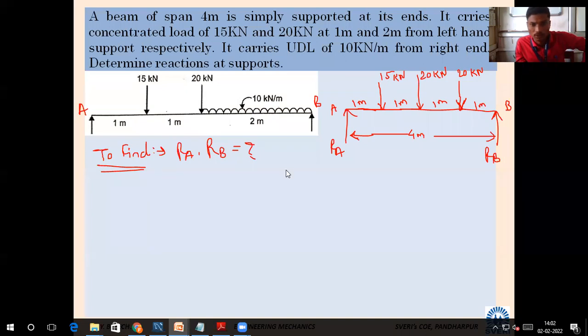Just wait, I will take attendance. Roll number 2 is absent. 12 is absent. 22 is absent.